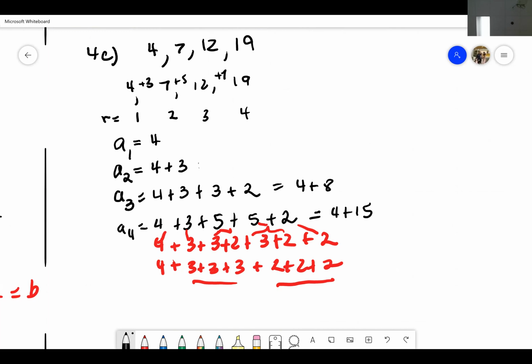Any pattern there? Well, I know it's adding by 4, but okay, it's okay. So look at this. What's 2 squared?